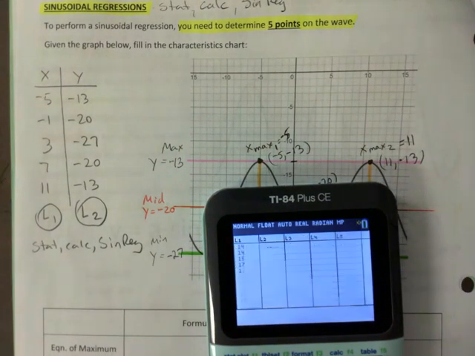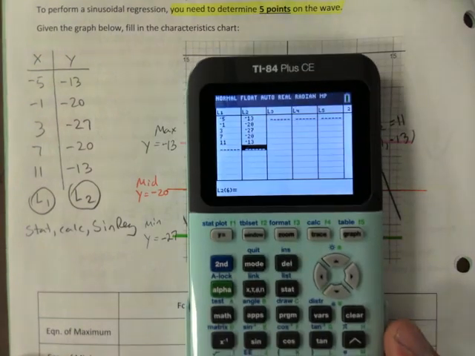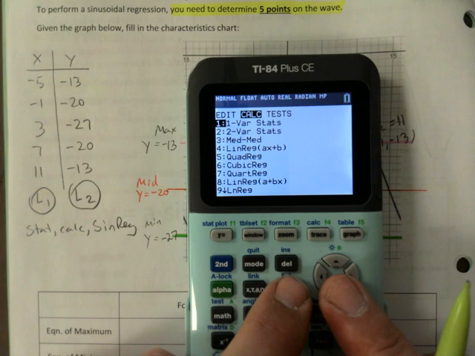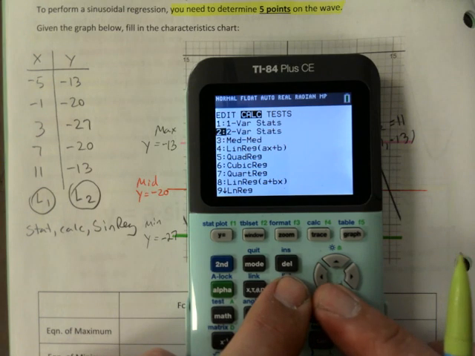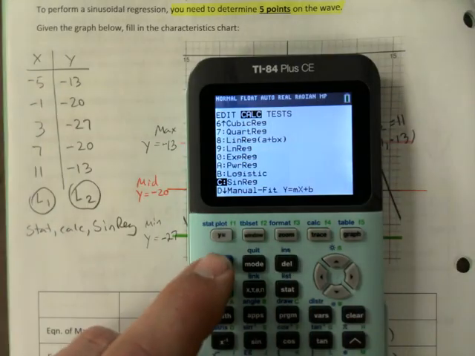Remember how to do this? There we go. Then I'm going to go stat, calc, and I'm going to go all the way down to SinReg, which is C, right?